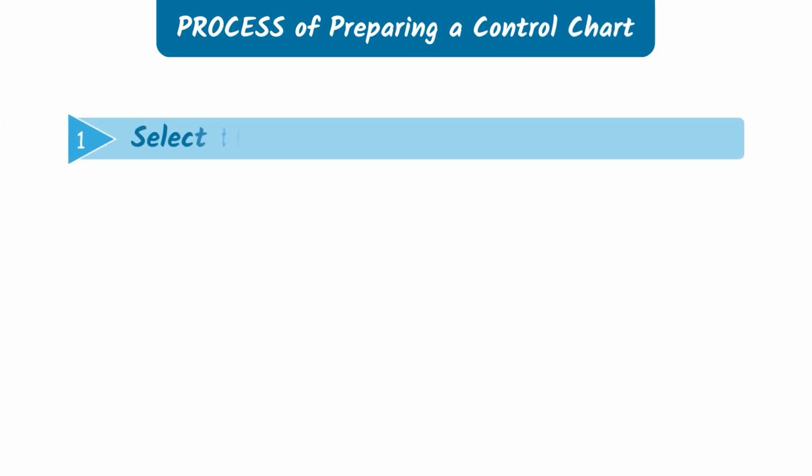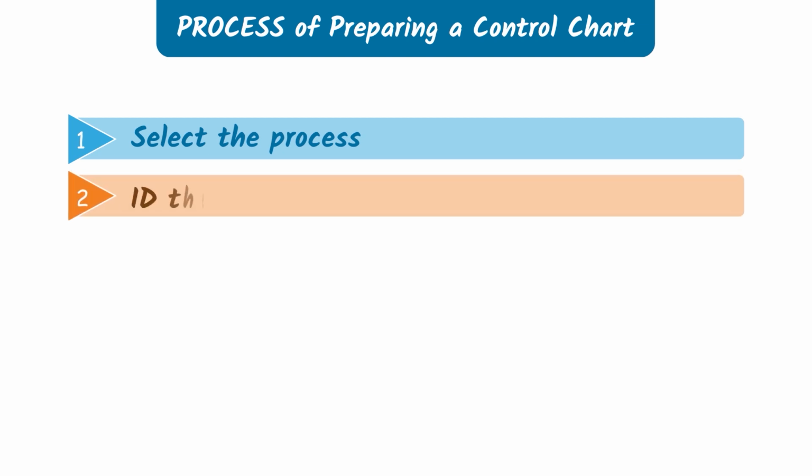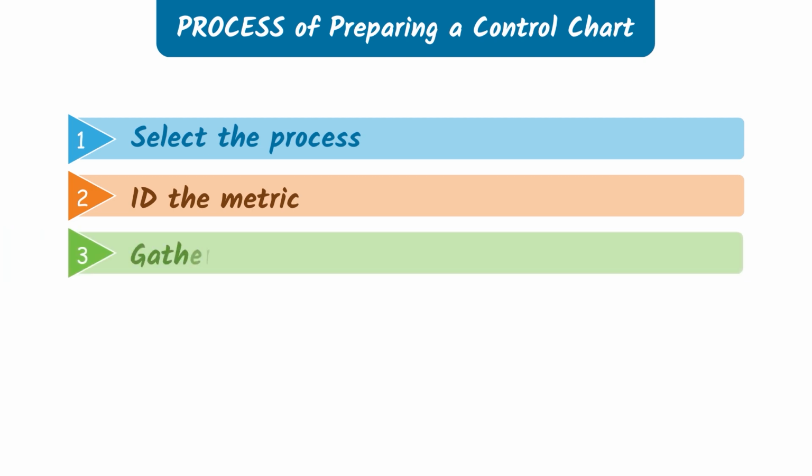We are using an average and moving range control chart. We selected the process to monitor. In our case, that is the patient no-show process at the clinic. Then we identified the metric we want to use, that is the number of patient no-shows per day. Then we collected 25 data points, 25 consecutive observations.